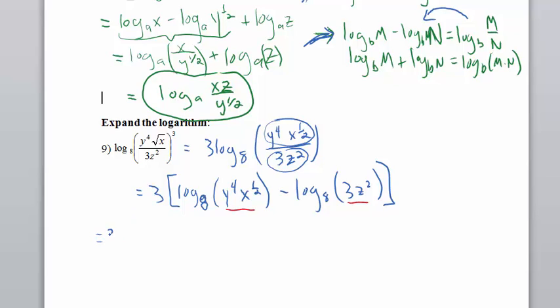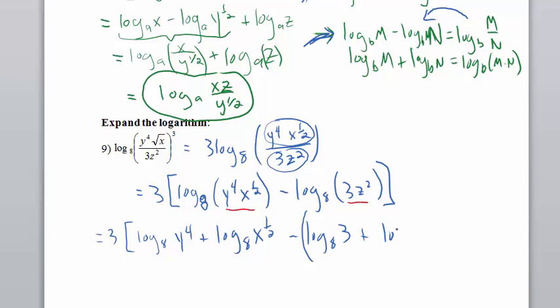So that's equal to 3 times log base 8 of y to the 4th plus the log base 8 of x to the 1/2 minus the log base 8 of, let me use parentheses here, 3 plus the log base 8 of z squared.